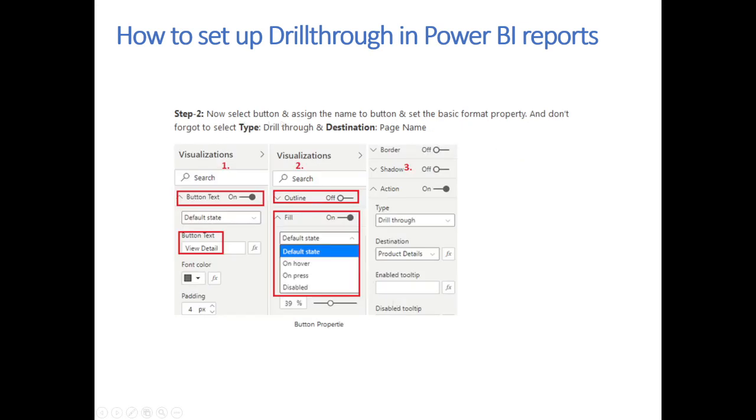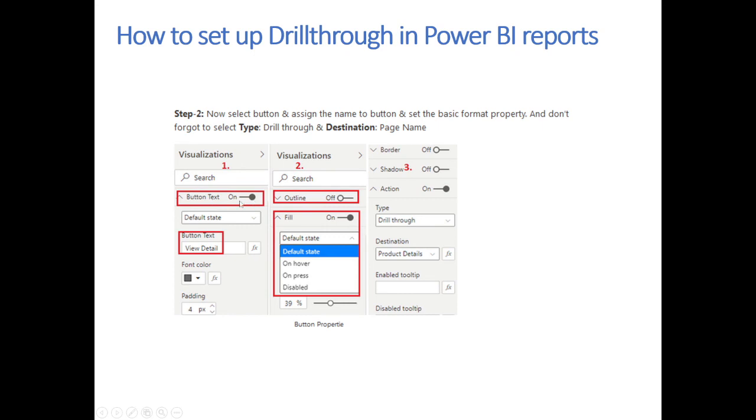Then select the button and assign a name to the button, and set the basic format properties. Don't forget to select the type: Drillthrough, and the destination should be Product Details. So these are the things we do here.